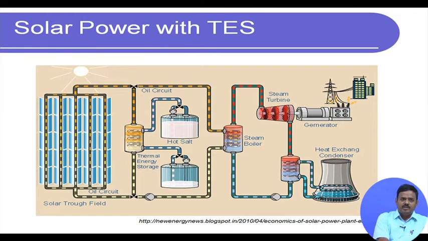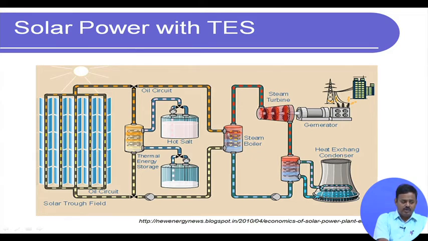In a regular instance, this oil gets heated up by the sun. Its temperature rises, it does not boil, by the way, its temperature rises and therefore, its enthalpy rises, then it flows through this loop and comes to the steam generator, where it acts as a hot fluid.